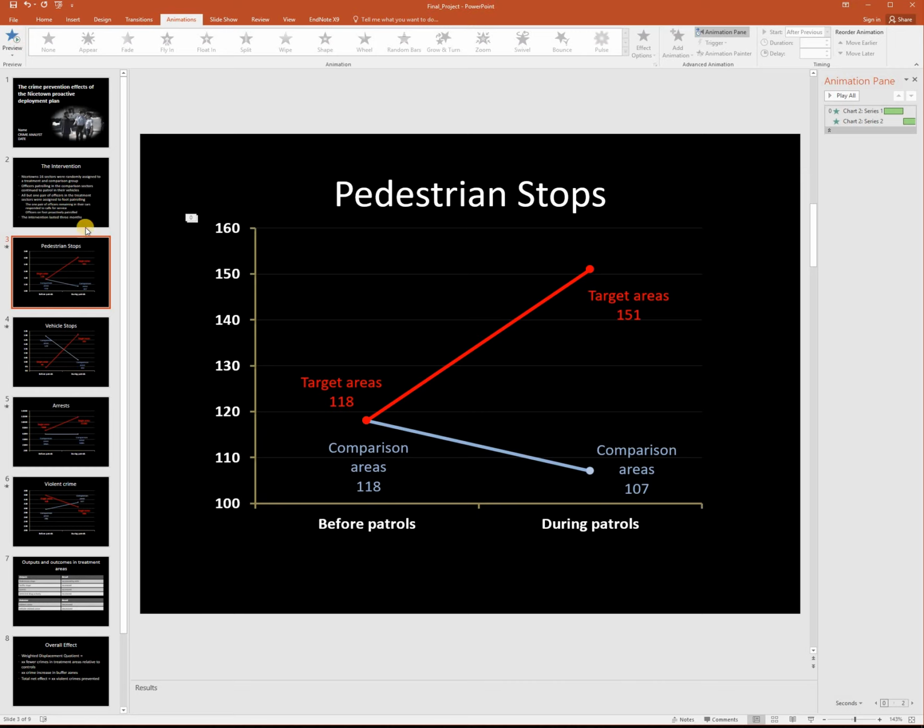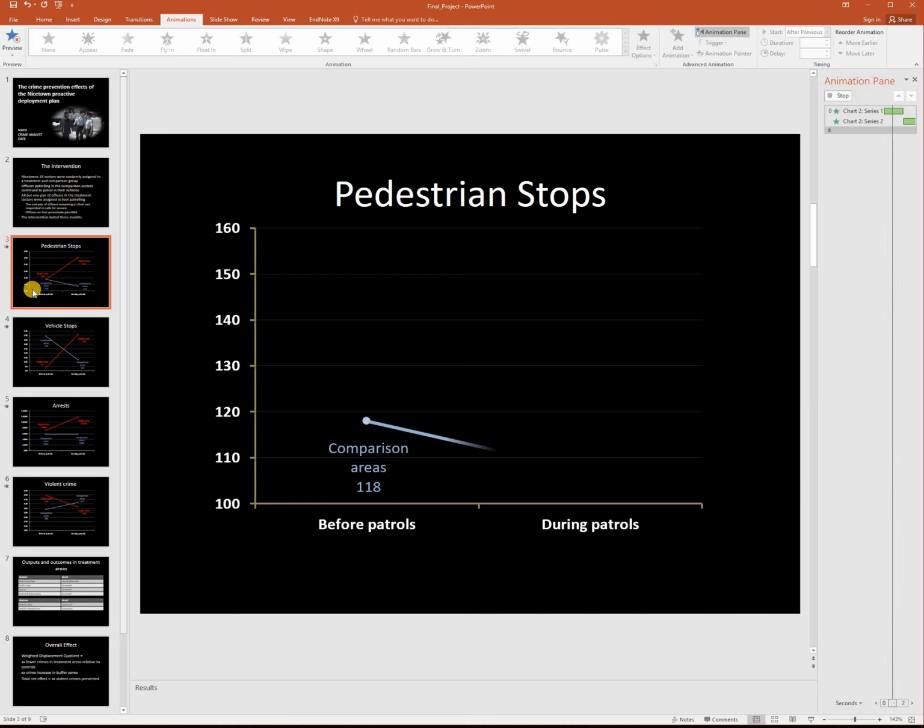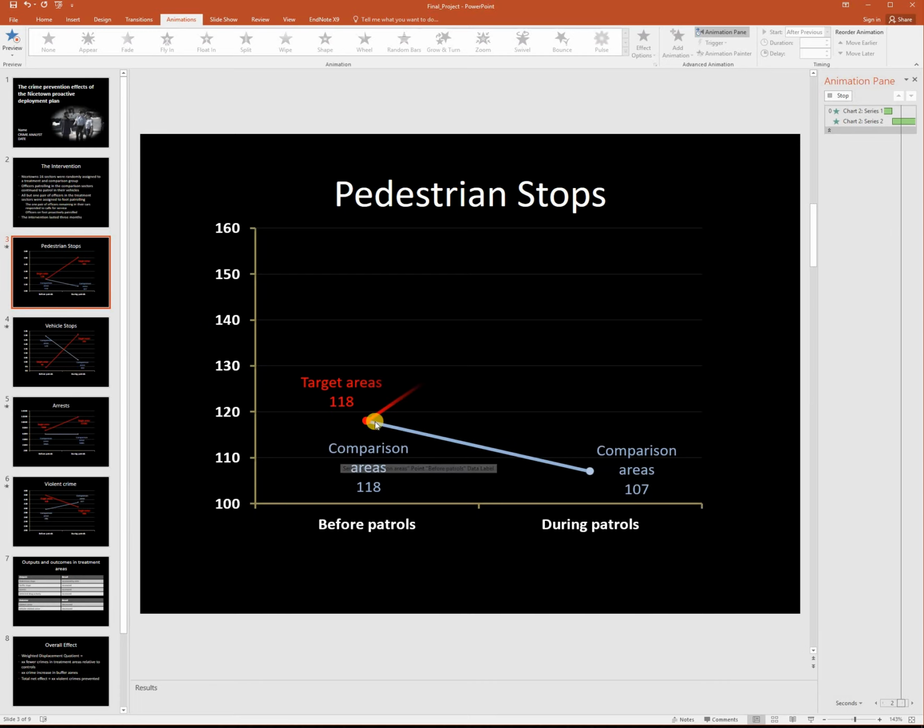And when this is an actual slideshow, you'll be using either a clicker or your keyboard to progress to the next slide. When you progress to this slide, it's going to automatically populate for you. And when that happens, you should be discussing, well, in the target areas, we found that before the intervention in both the target and comparison areas, we had 118 pedestrian stops that were conducted.